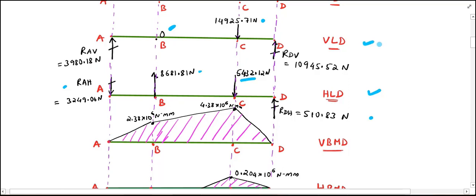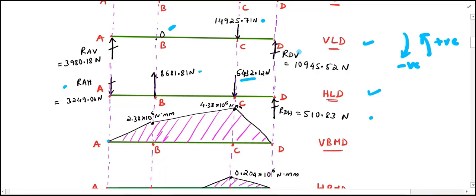Now from the VLD diagram, let me take the moments. Taking moments about A, I can write RDV into 1500. Any counterclockwise moment will be taken as positive, and any clockwise moment will be taken as negative.